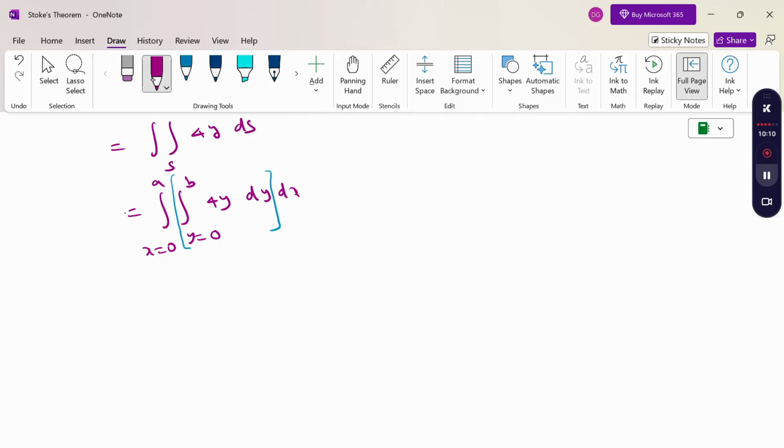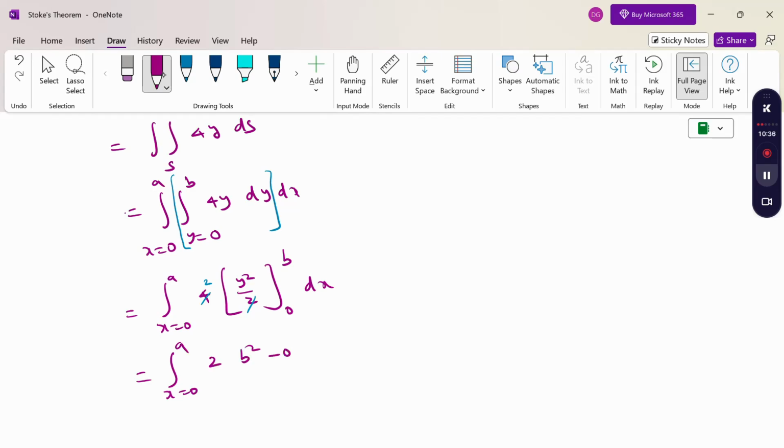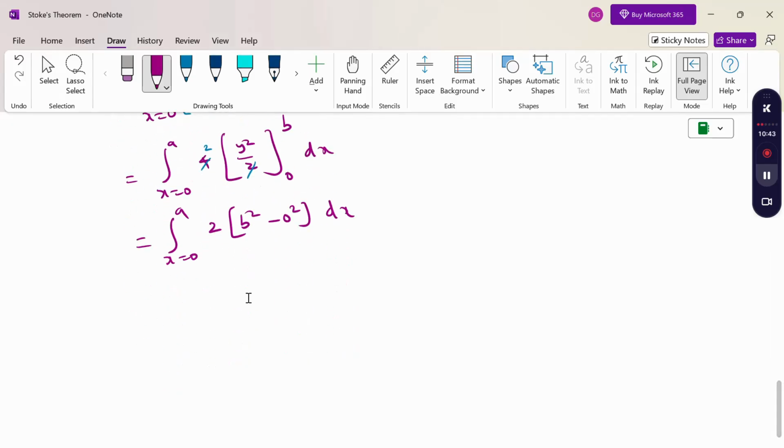So when I integrate, x from 0 to a, 4 is a constant, and the integration of y is y square by 2. Then the lower limit and upper limit: when I substitute them, the 2 cancels with the 4 to give 2 times. The integral over 0 to a of 2 times b square minus 0 square, upper limit minus lower limit, substituting b for y.